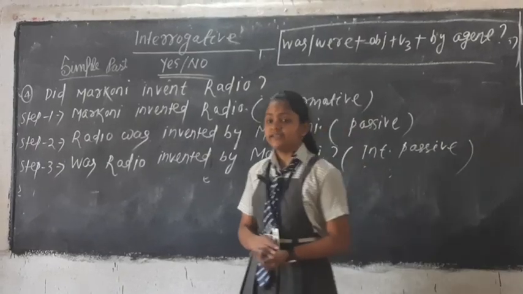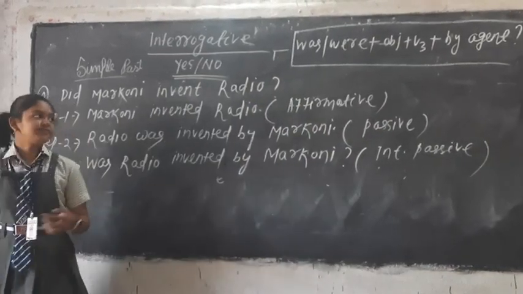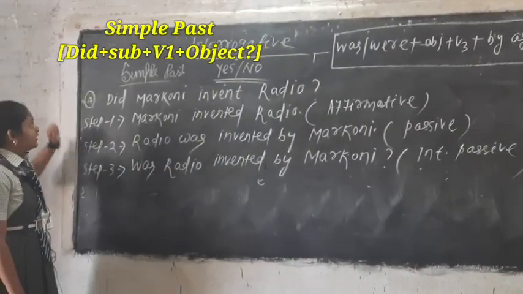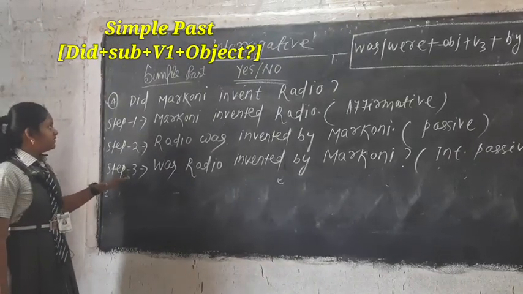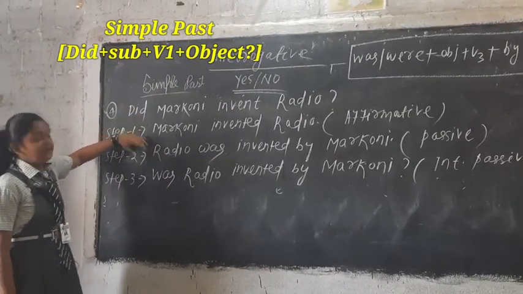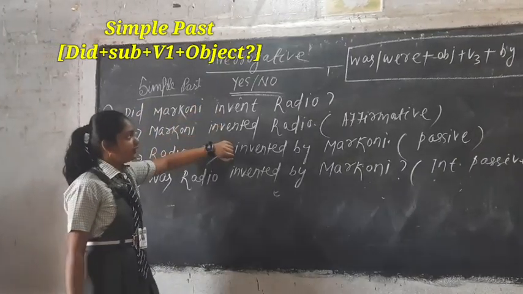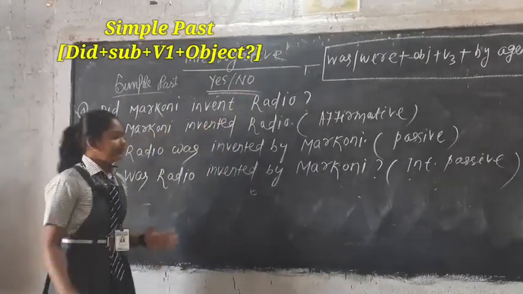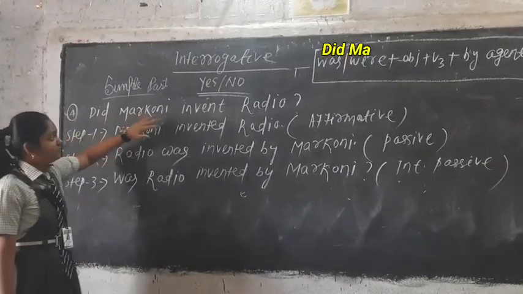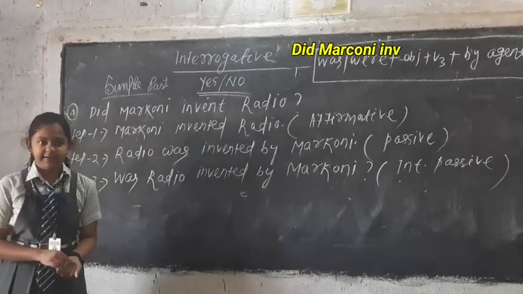So now let's come to the simple past tense. The interrogative yes-no structure of simple past tense is did, that is the auxiliary verb, then subject, verb 1, object. For example, did Marconi invent radio?